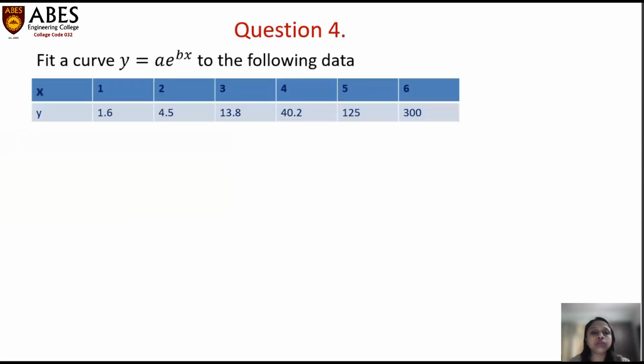We have another question, on the same lines as we have done. Here we have 6 observations and correspondingly y are given.